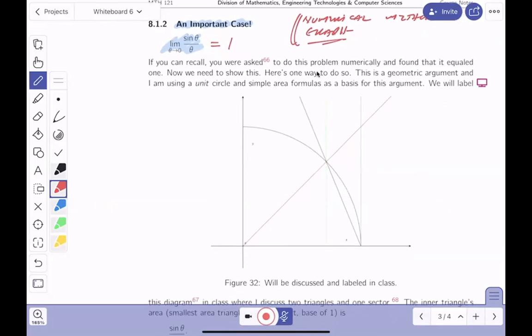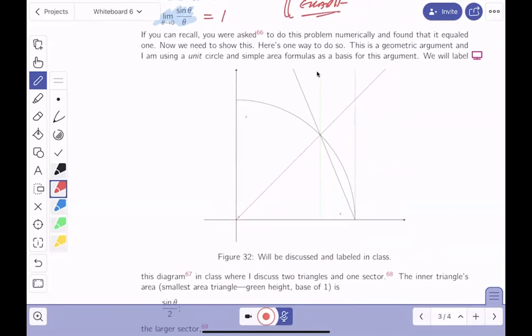Now what we've got to do is really make sense out of this story over here. So by reading it, what we're going to do is use a geometric argument, using a unit circle. I'm seeing the unit circle, and I'm going to just kind of trace it in for you. Now someone says, oh, that's not a unit circle, it's only a quarter one.